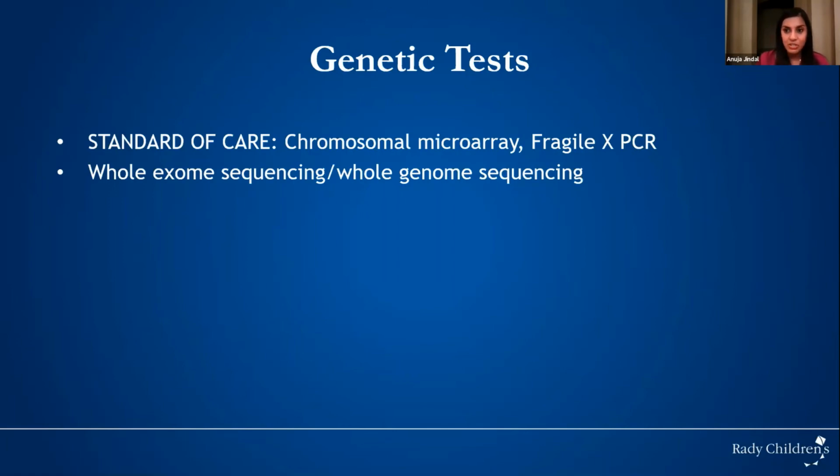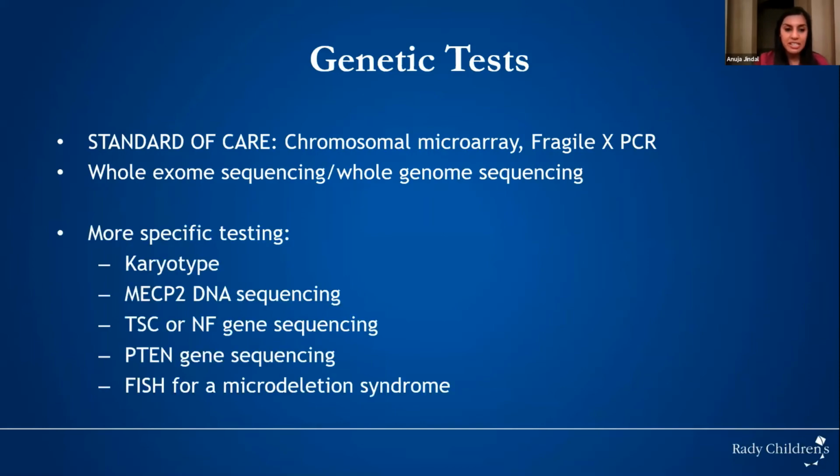Then I want to take that extra step and do this more extensive genetic test. The American College of Medical Genetics is starting to, I believe, advocate for this as part of first-line testing, and the AAP did recognize that this is being done more and more often and may become standard of care.